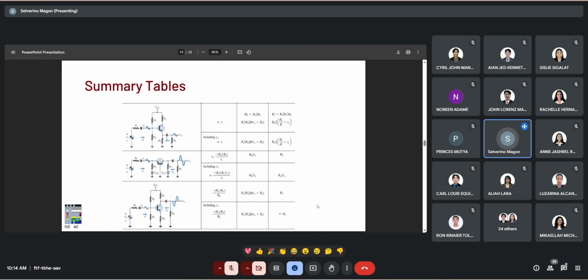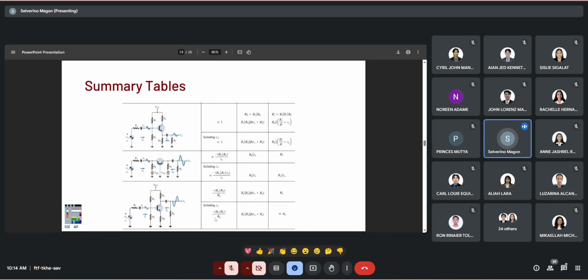Then the common emitter here, common base, and then the unloaded effects.